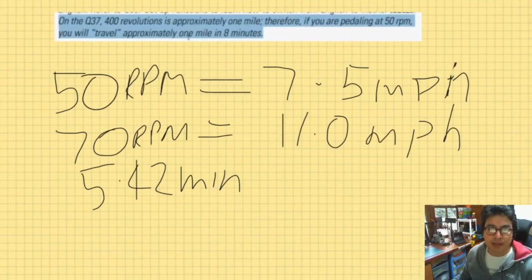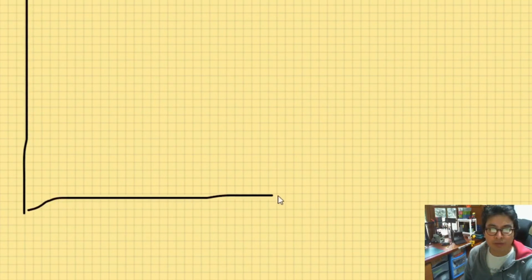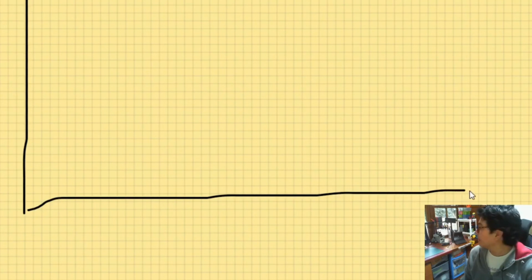Just one last thing to finish up on. Again, I think it's a useful exercise, so what I'm going to do is try to draw a graph as neatly as I can, hopefully that's in shot. On this graph you could plot some of these figures.